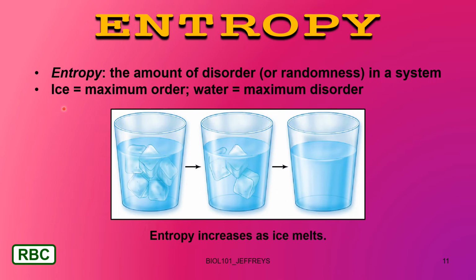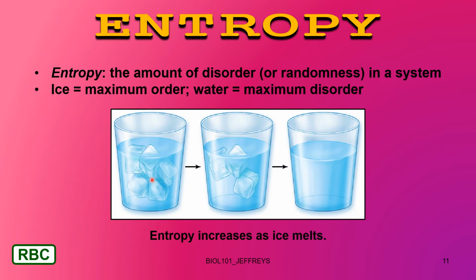So ice, we're talking about water, right? Ice, the solid form of water, represents the maximum order with regard to water, right? The maximum degree of order. You can't go anywhere if you're ice, right? Ice is solid, there it is, immovable. Water, then, liquid water, is the maximum degree of disorder.